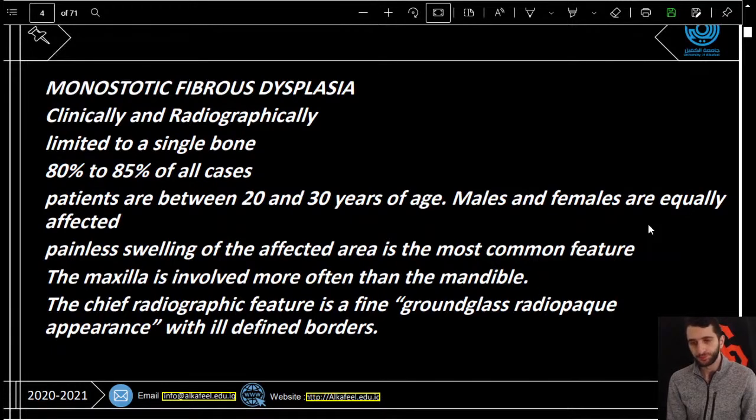Asymptomatic, ground-glass dysplasia lesion, ground-glass radiopacity, with well-defined borders, resembling a developmental lesion.